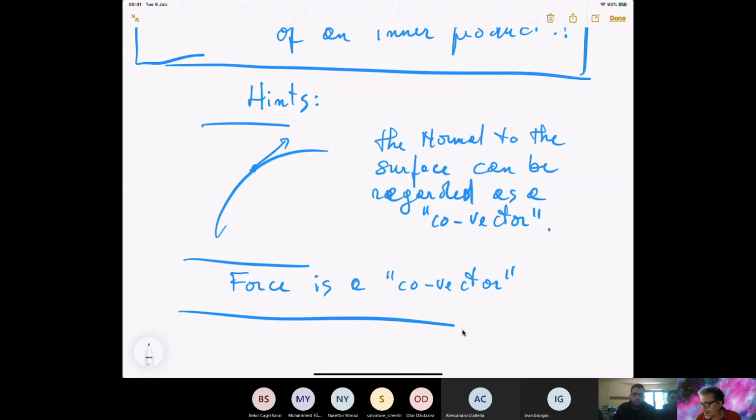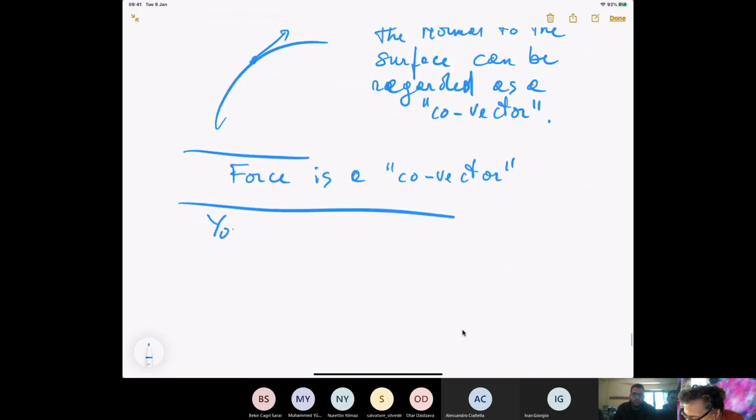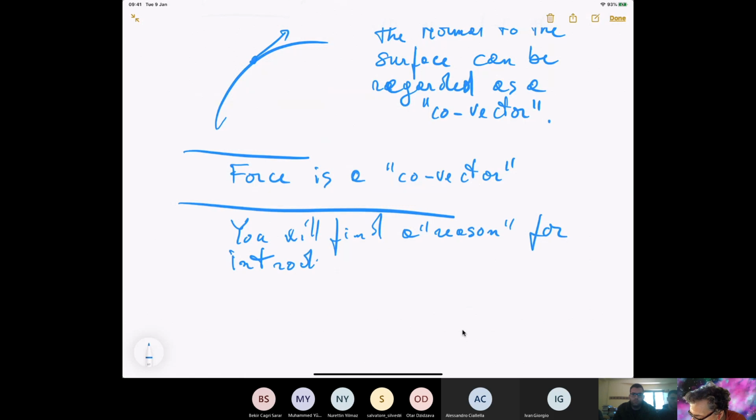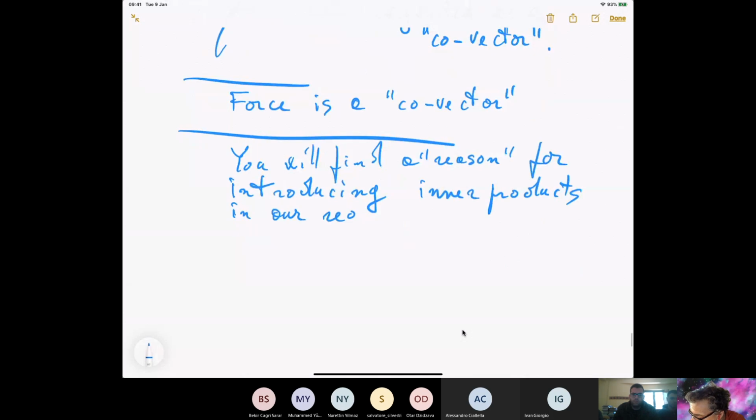If you think about these things, you will find a reason for introducing inner products in our reasonings.